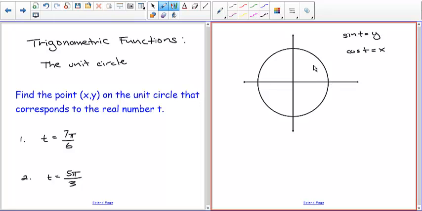So when you're in the first quadrant, x and y are both positive, so the sine and the cosine are positive. In the second quadrant, x is negative, y is positive, so you get a negative cosine and a positive sine. In the third quadrant, they're both negative. And in the fourth quadrant, x is positive and y is negative.